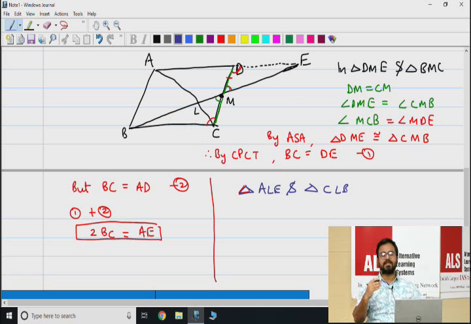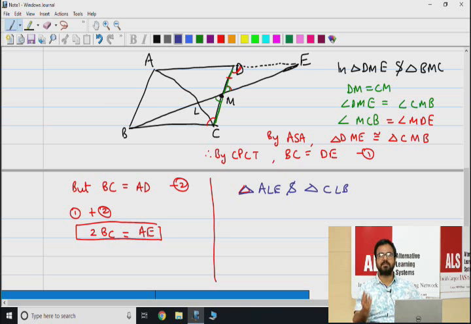If we can prove that these two triangles are similar, then the ratio of all the sides would be equal. And we already know that BC and AE have a relationship of twice, so we can also say BL and LE will also be twice. So how can we prove that these two triangles are similar?